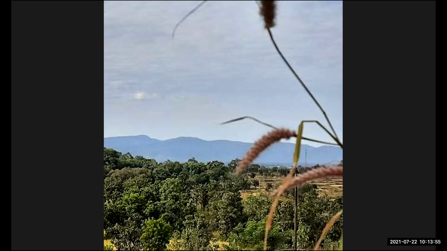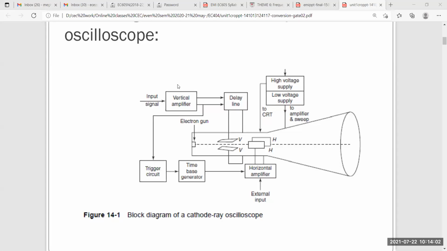Okay, fine. One pattern I discussed even in the previous class, which is important, the Lissajous pattern.